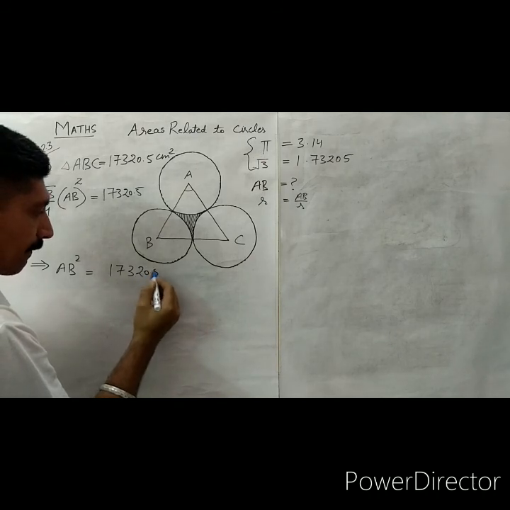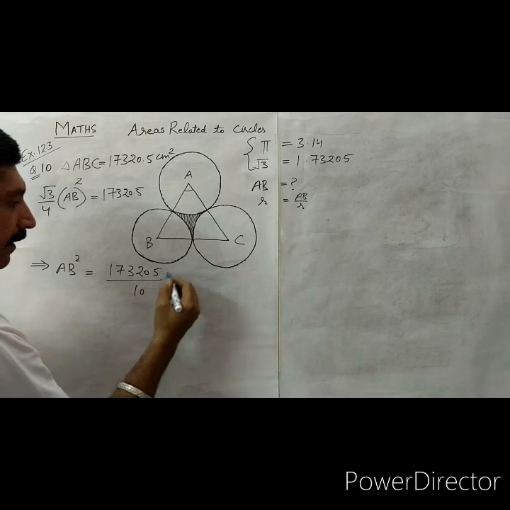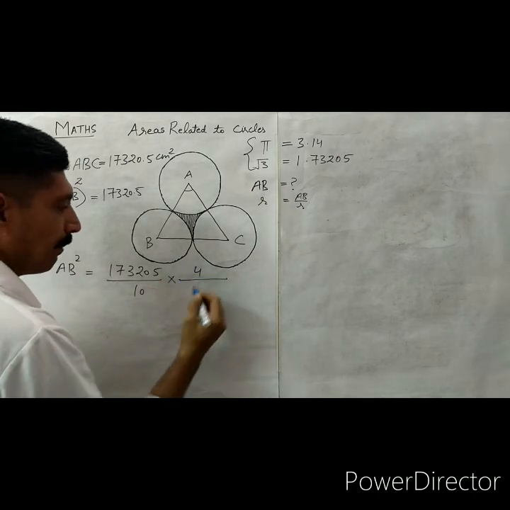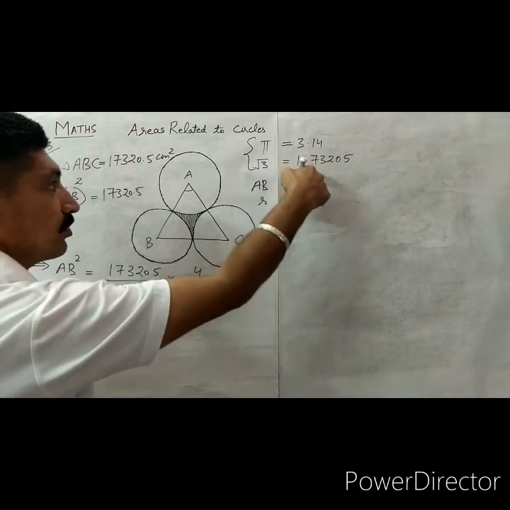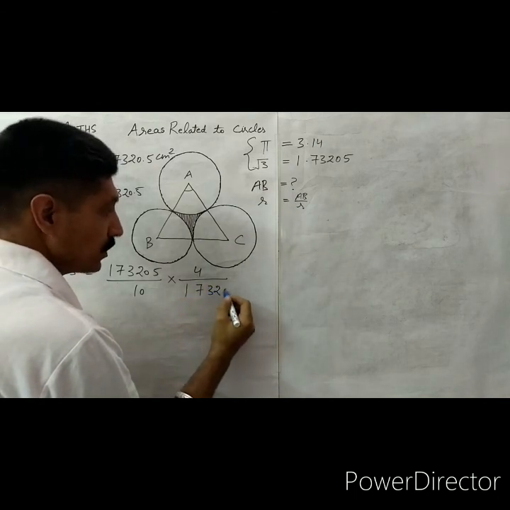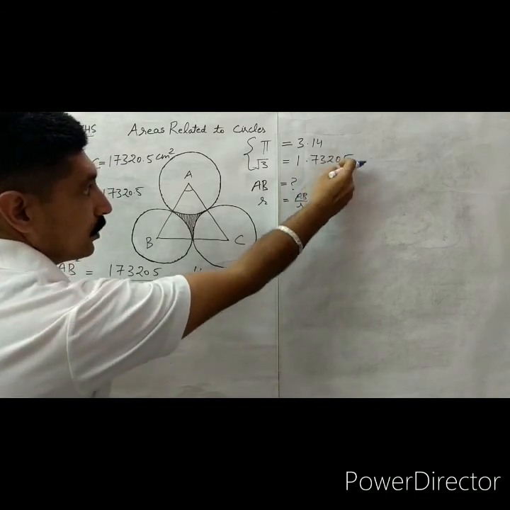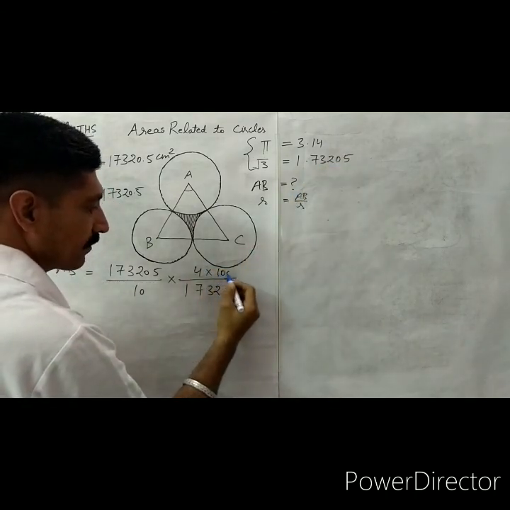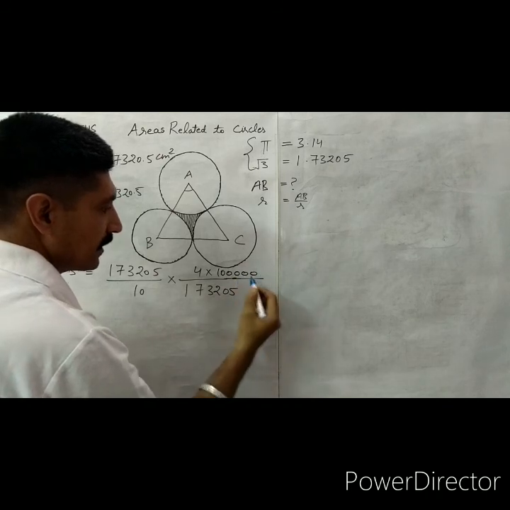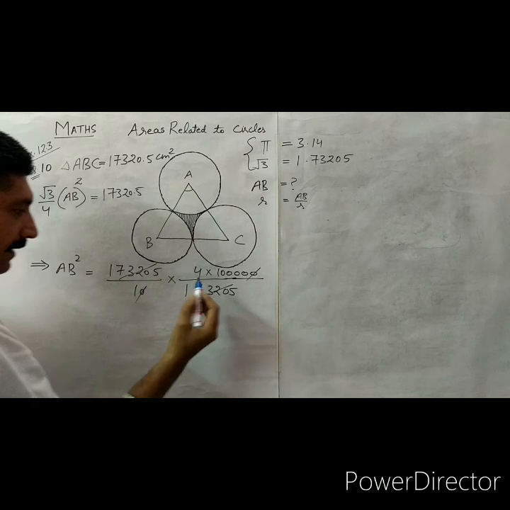Removing the decimal point, 4 goes up, and substituting under root 3 as 1.73205, the terms cancel.